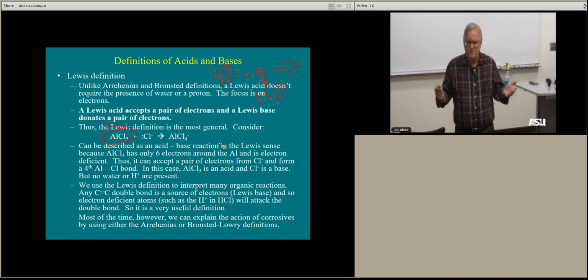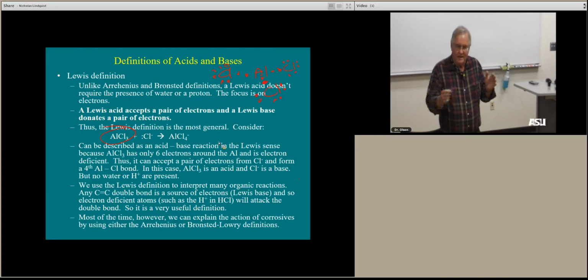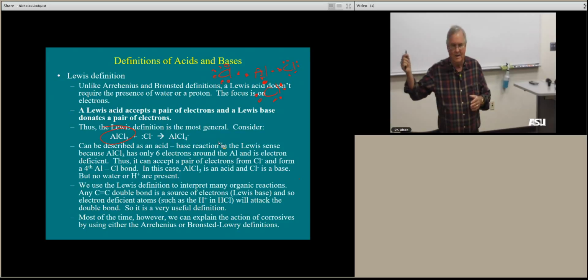We eat it in our food all the time. I mean, it just kind of sits there. The chloride ion doesn't do anything because it's pretty happy. But if that chloride ion were to see an aluminum trichloride molecule, that aluminum trichloride wants one of the lone pairs of electrons, the non-bonding pairs of electrons on that chloride ion, can be donated to the aluminum. And we can get an ion called AlCl4 minus.